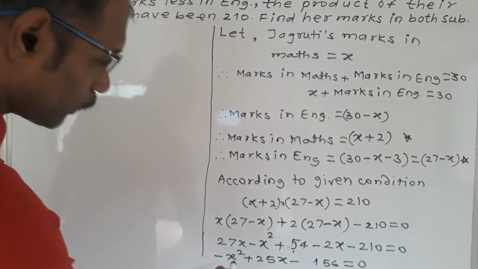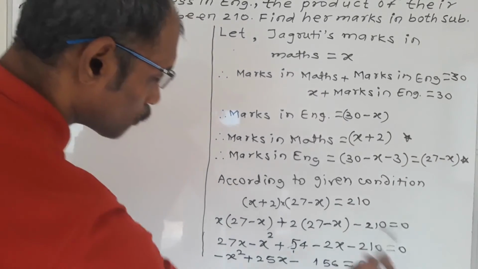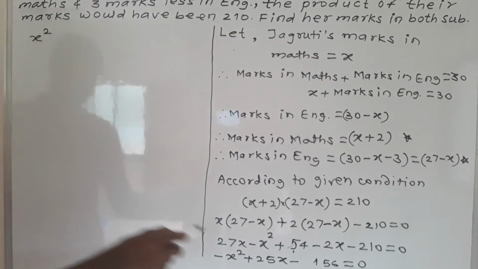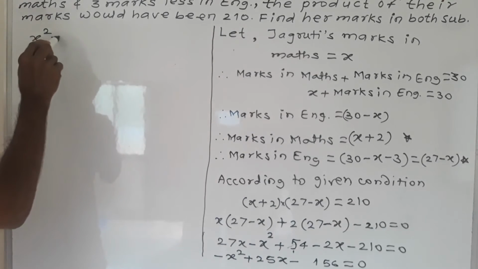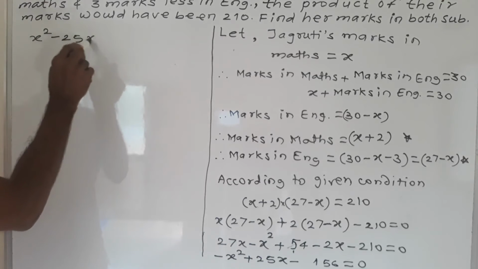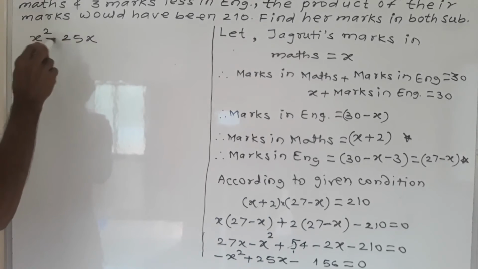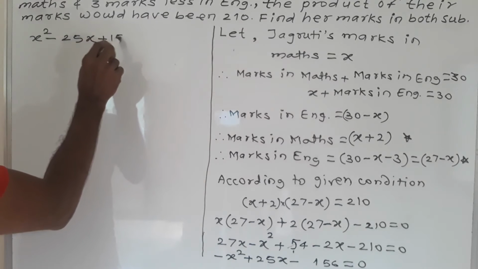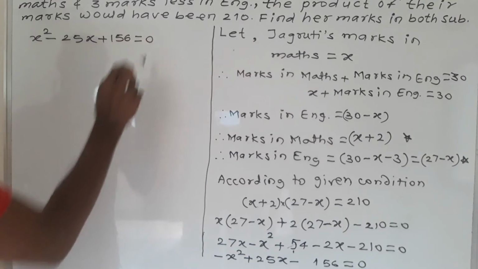Now we take all these three terms to the right side, therefore minus x square becomes plus, this plus 25 becomes minus, and this minus 156 becomes plus, is equal to 0.